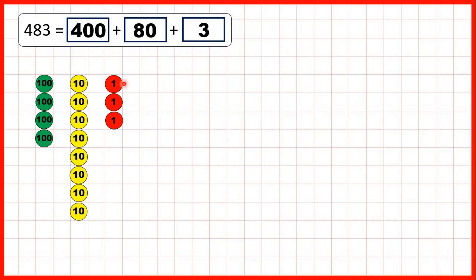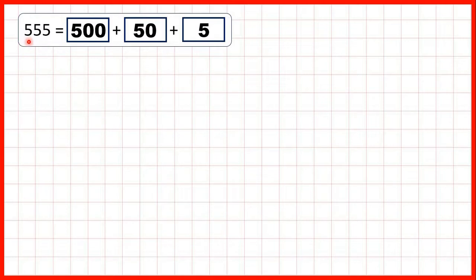So we would need 10 of these red counters to make something that's the same value as just 1 of these yellow counters. And we would need 10 of these yellow counters to make something that's the same value as just 1 of these green counters. So it can be confusing, but as long as we remember that the green counters represent hundreds, the yellow tens, and the red ones, this can be an easier way of representing numbers.